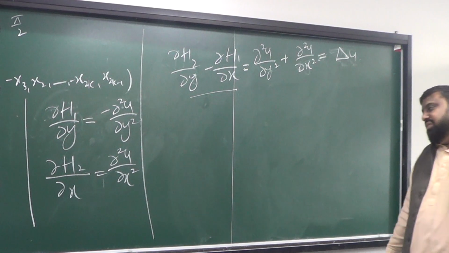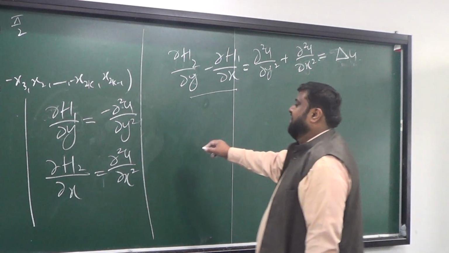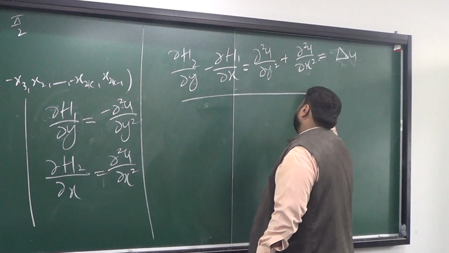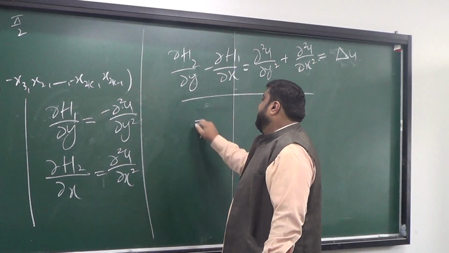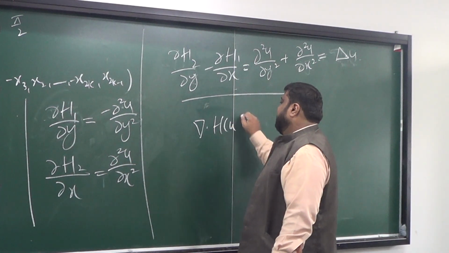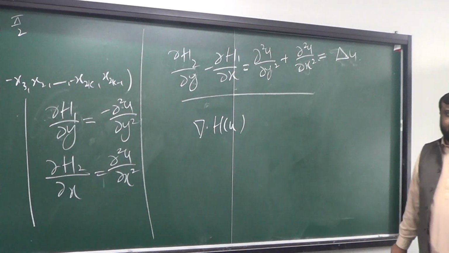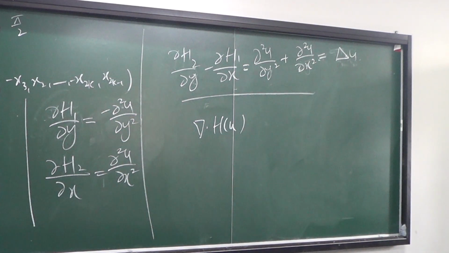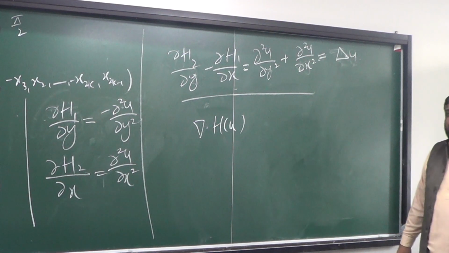So here's the thing. What would be the divergence of h of u? How do you compute divergence?